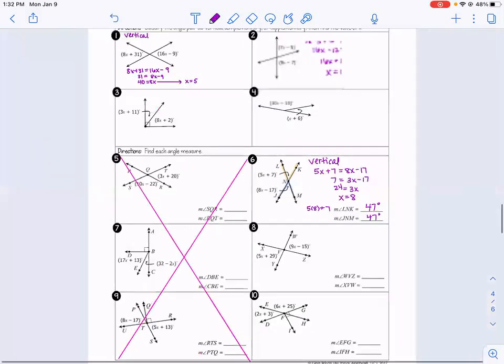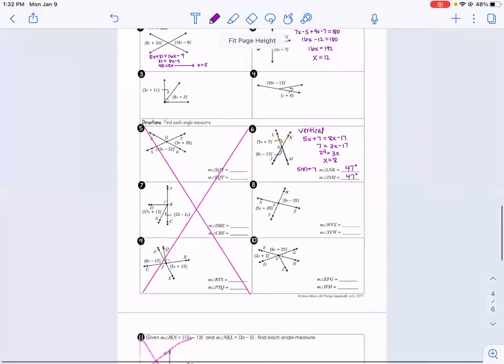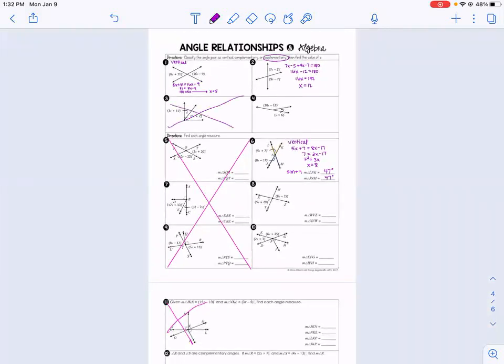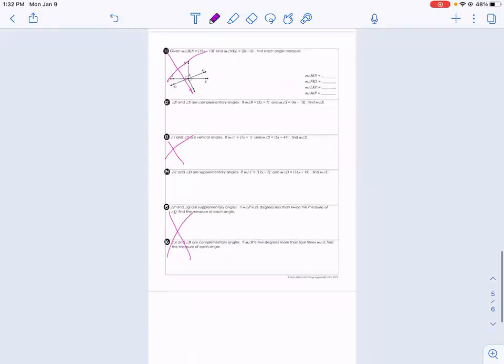Okay, so this is what you're going to do. You're going to cross out 3, 5, 7, 9. And then on page 12, you're going to cross out 11, 13, 15, and 16.